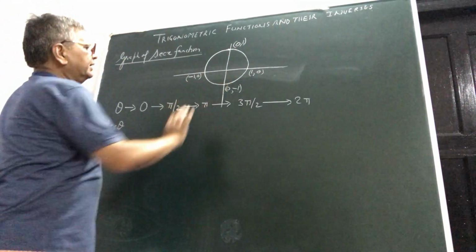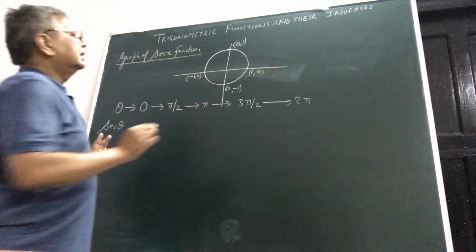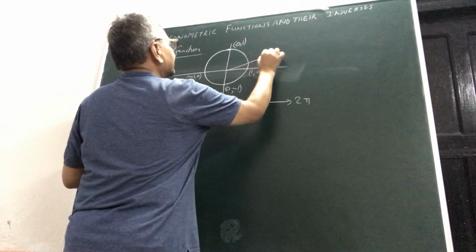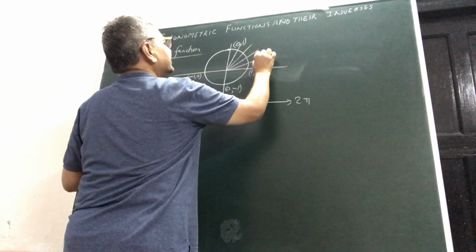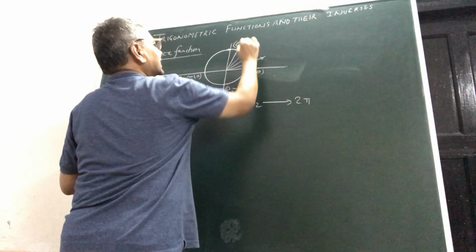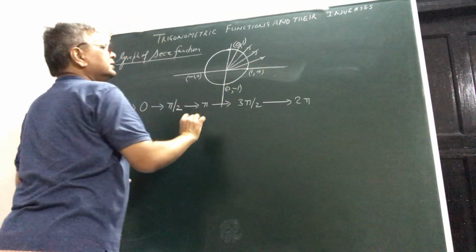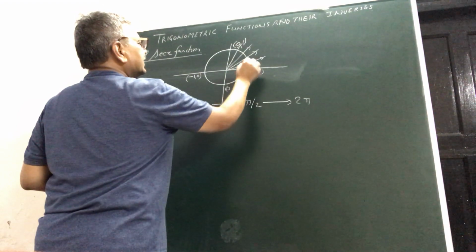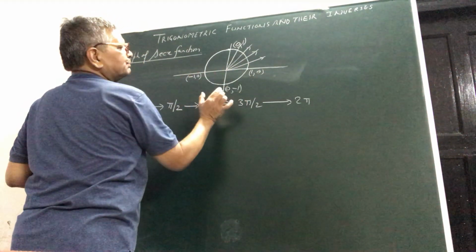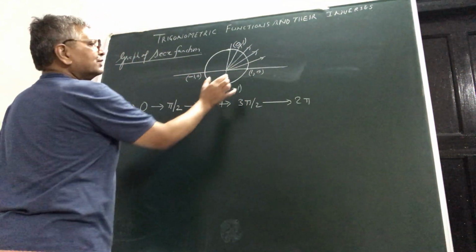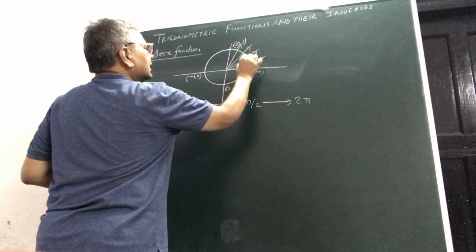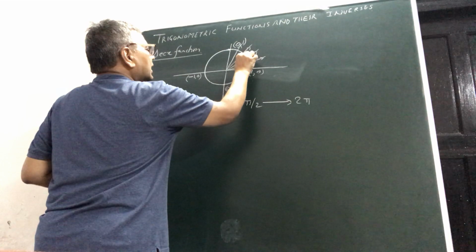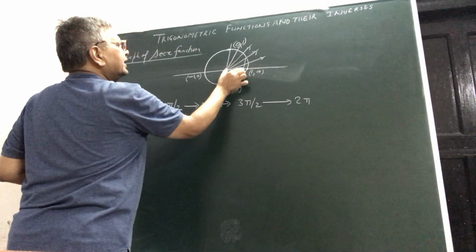In the first quadrant, one thing is quite obvious: these are my various positions of the terminal ray. Initially it was at 0, and then the value of x1 is absolutely 1. Then as you go a bit further, the value will diminish.